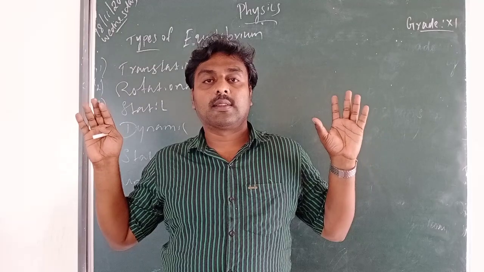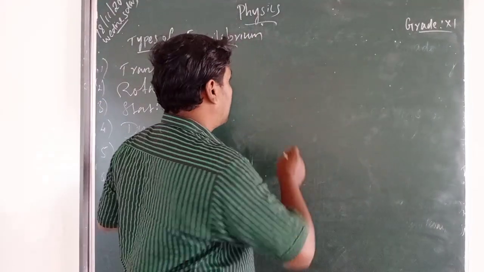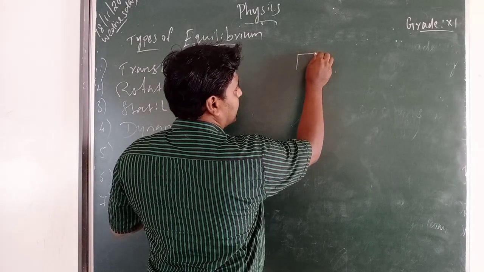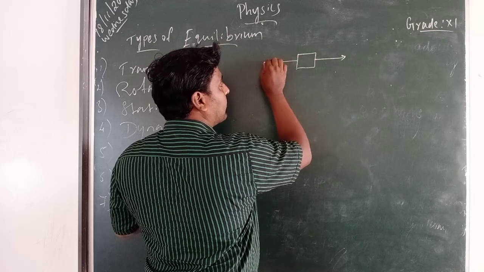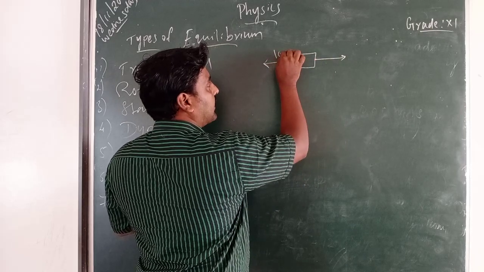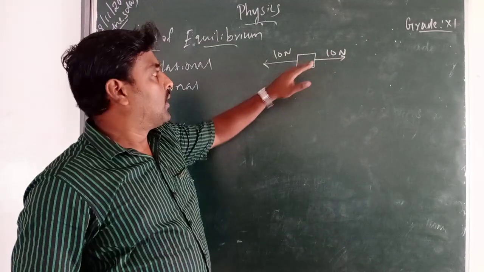So, during translational equilibrium, what will happen? Let us see. Assume that there is an object like this here. One force is acting on this side and another force is acting on this side. This is a 10 Newton force and this is also a 10 Newton force.